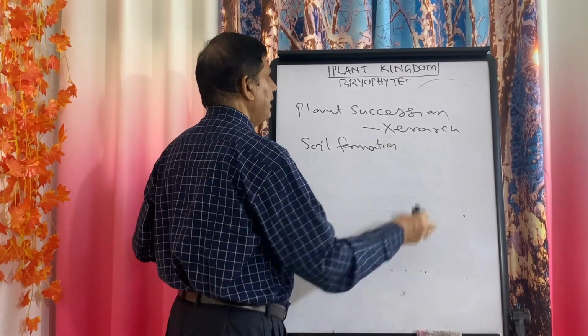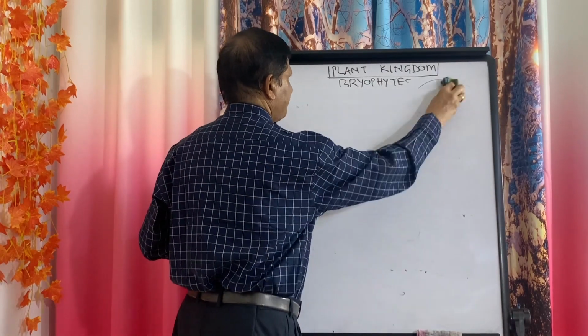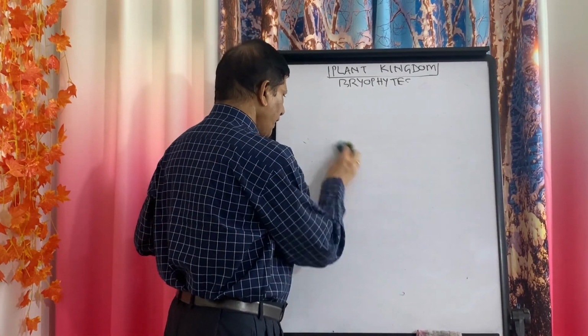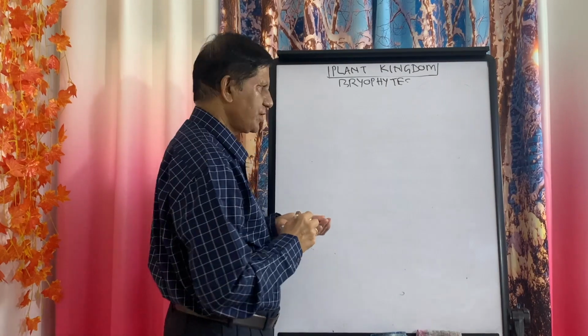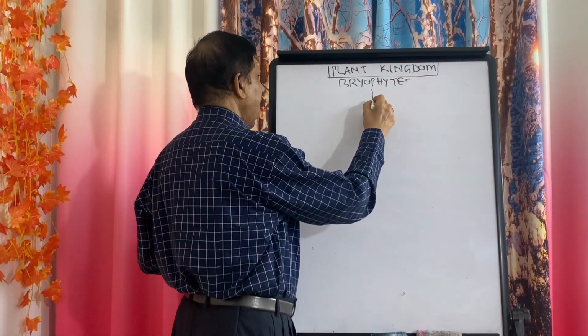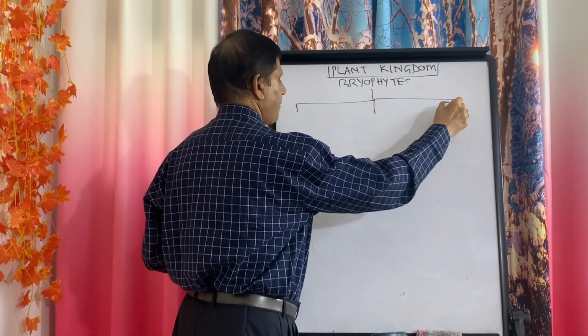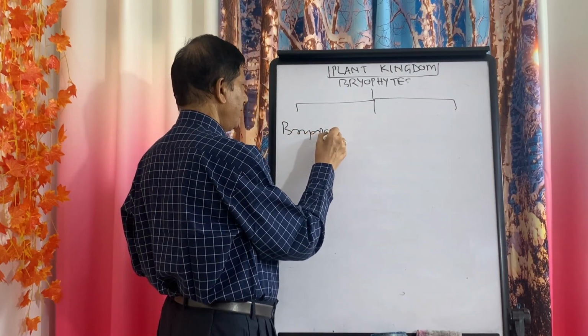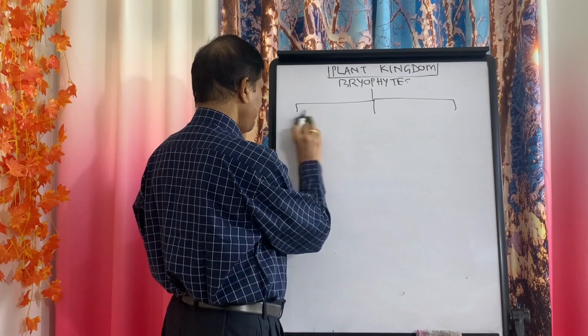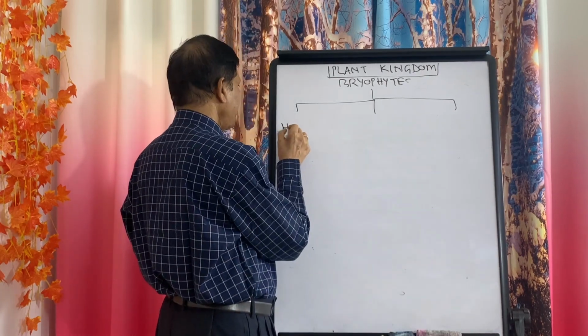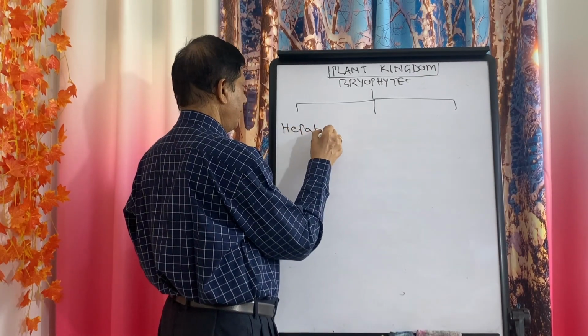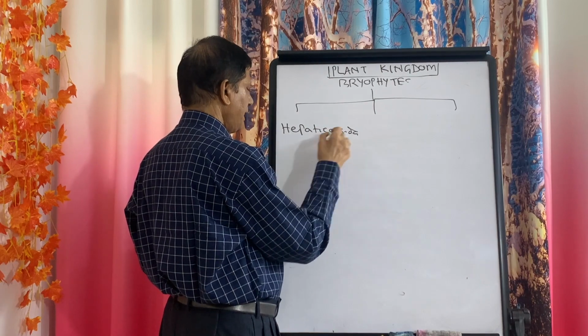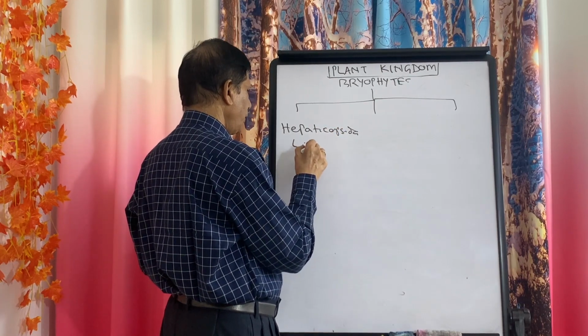Next, let us discuss the classification. Now, if we come to the classification of bryophytes, usually the bryophytes are divided into three groups. First we can write the Hepaticopsida, or liverworts.